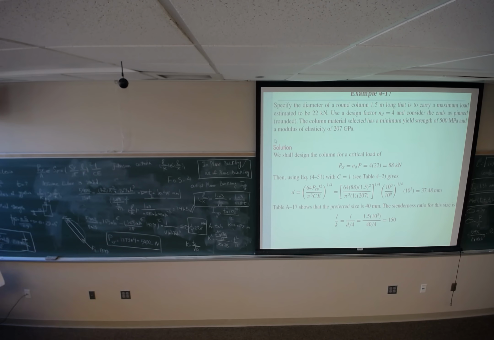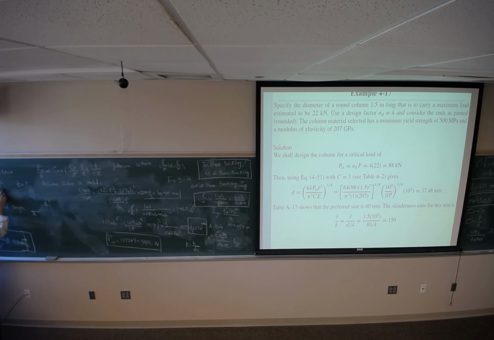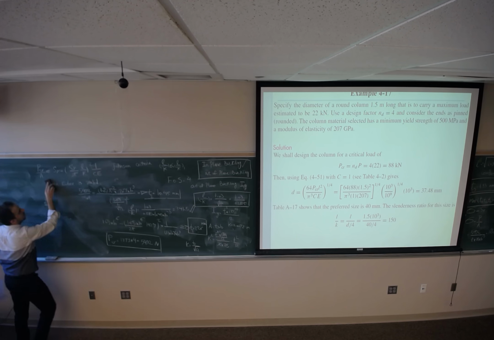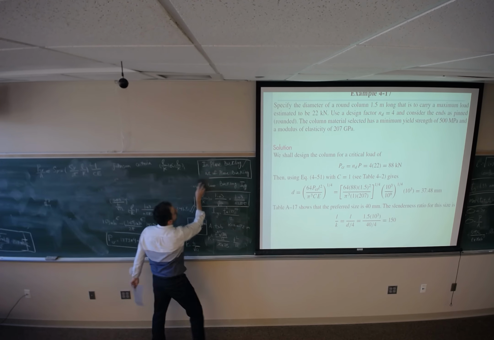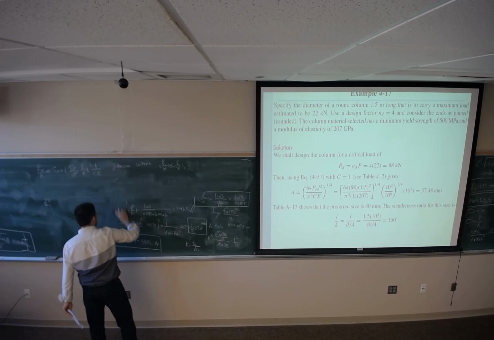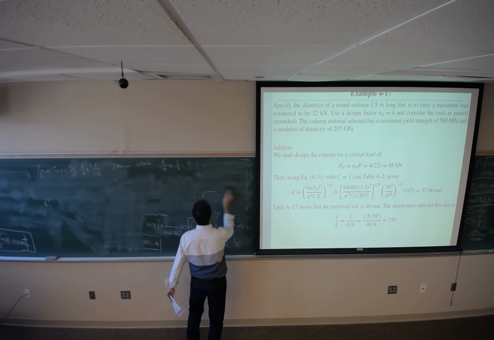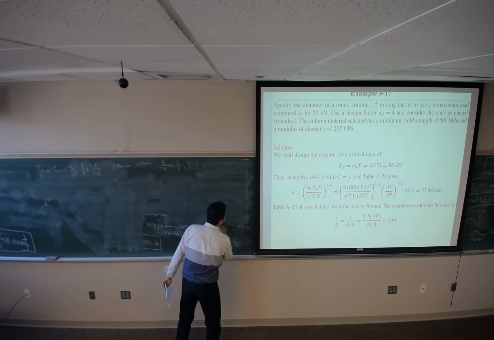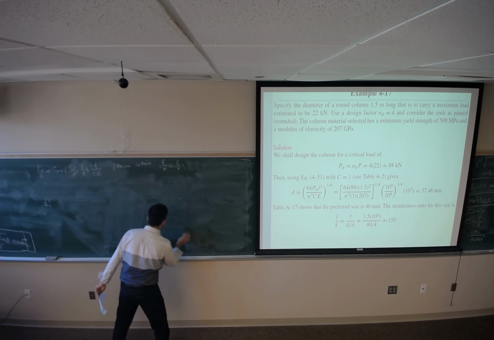Let me just have a quick review on this problem, this example. There is a column that we would like to design. It's a round bar, so the column has a circular cross section. We would like this column to support a 22 kilonewton load.